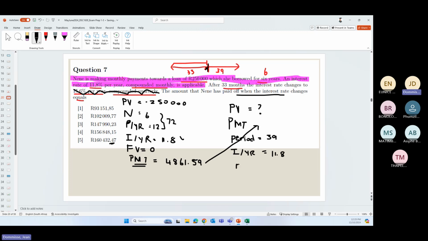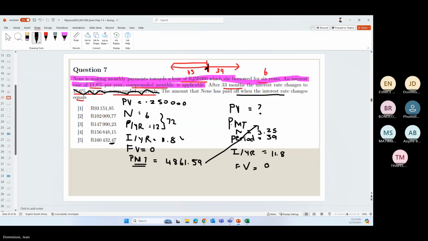Again, future value stays 0. Okay, so that is a bit different. So let's just check what is 39 divided by 12, if we needed to get n, it is equal to 3.25. Okay, so we've got PMT, that is 4861.59.